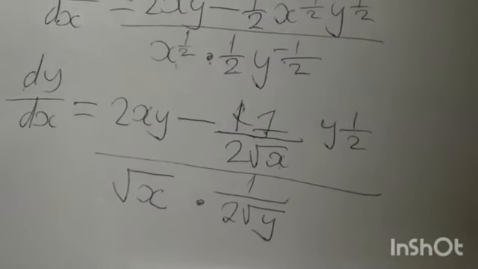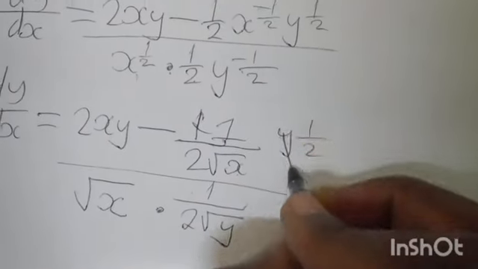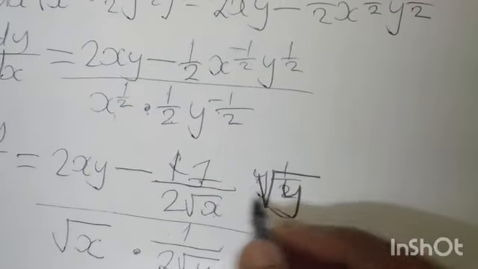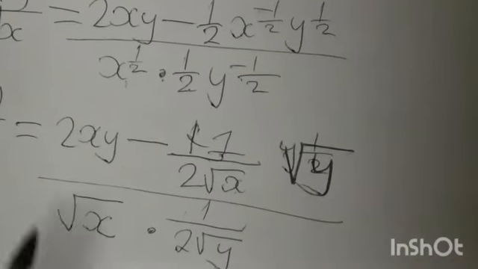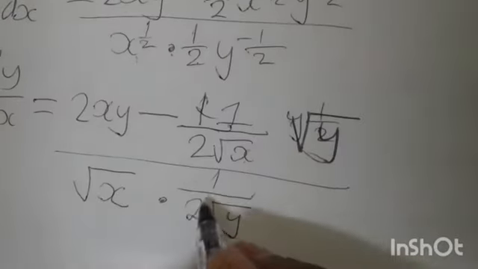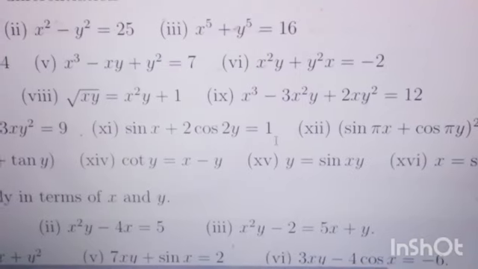So here we also have root of y. For you not to remain further confused, you can just leave it from here. But now let's do question 9 of the third sheet.